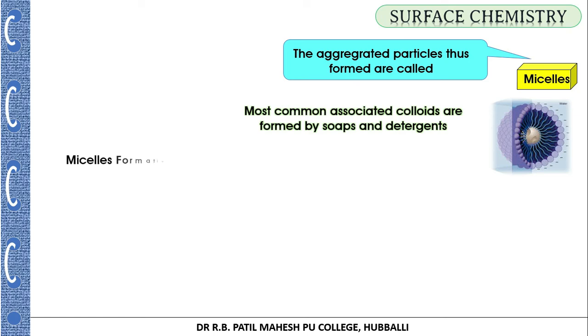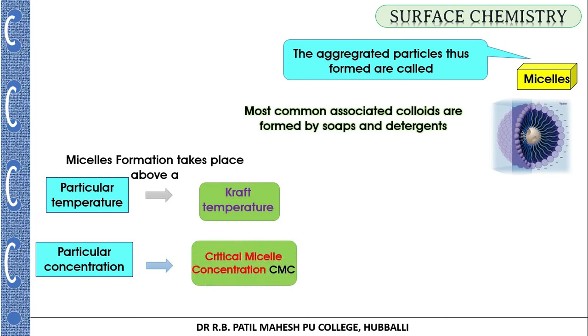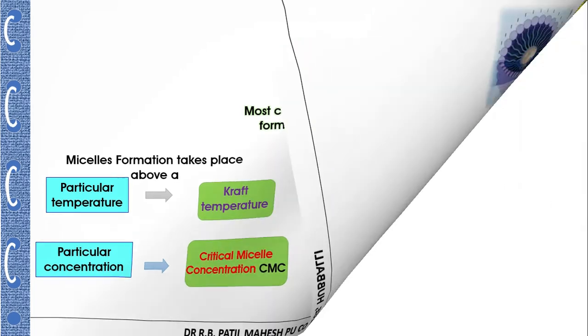And very importantly, students, micelle formation takes place above a particular temperature called the Kraft temperature and a particular concentration called the critical micelle concentration. So these two things are important. Micelle formation takes place above a particular temperature called Kraft temperature and a particular concentration called critical micelle concentration. Thank you, students.